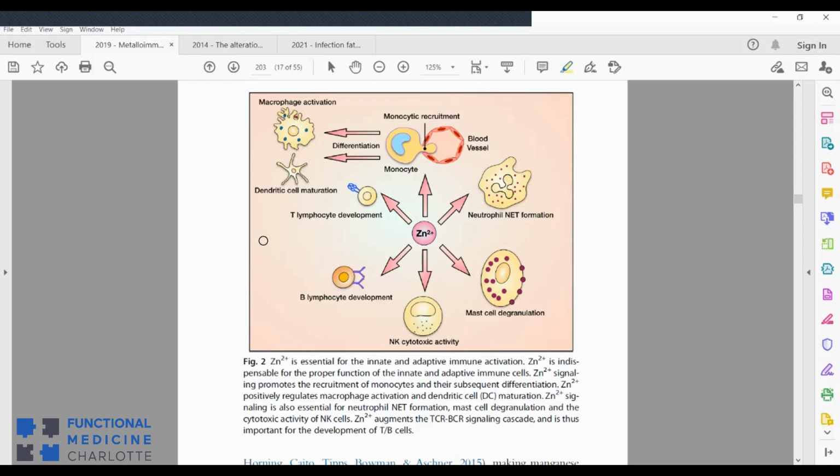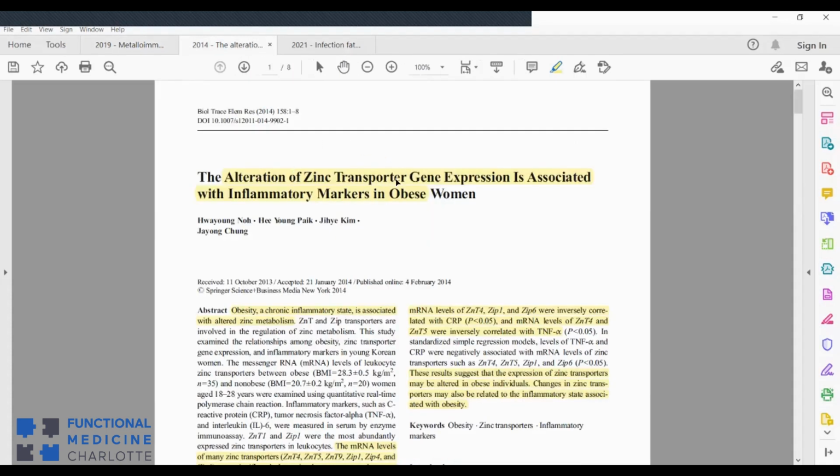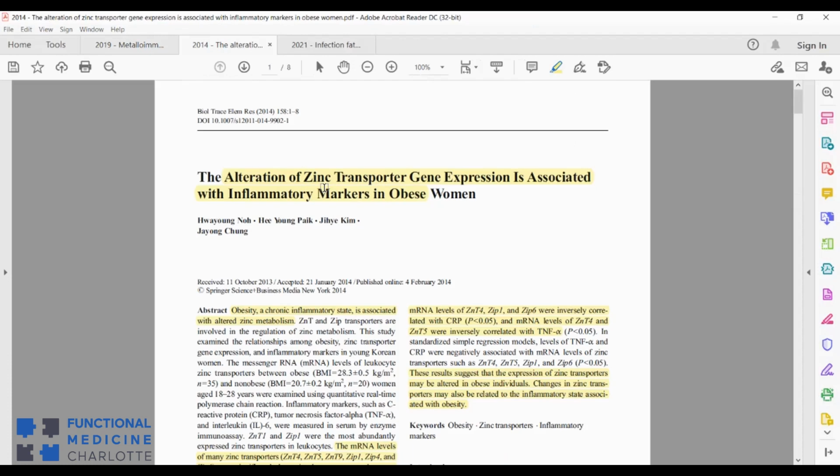That's what zinc does. How does zinc get into the cell, though? For zinc to enter a cell, we need zinc transporters, and we need zinc ionophores, and there's various things our body makes. Zinc transporters are genetically produced by our body, and zinc ionophores are things that help the zinc enter the cell nucleus, where it can play a role in inhibition of viral replication.